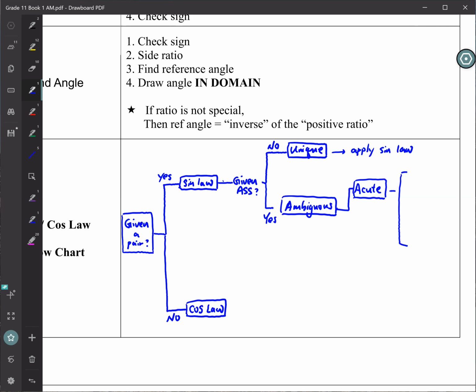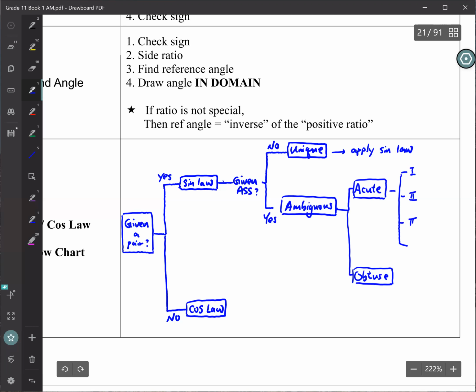If they give you an ASS, then it's ambiguous. Ambiguous, you could have acute, you could also have obtuse. Acute, you have case 1, case 2, case 3, case 4.